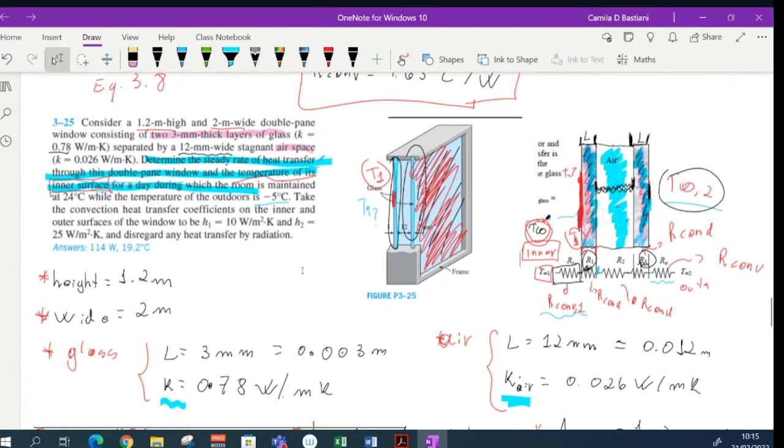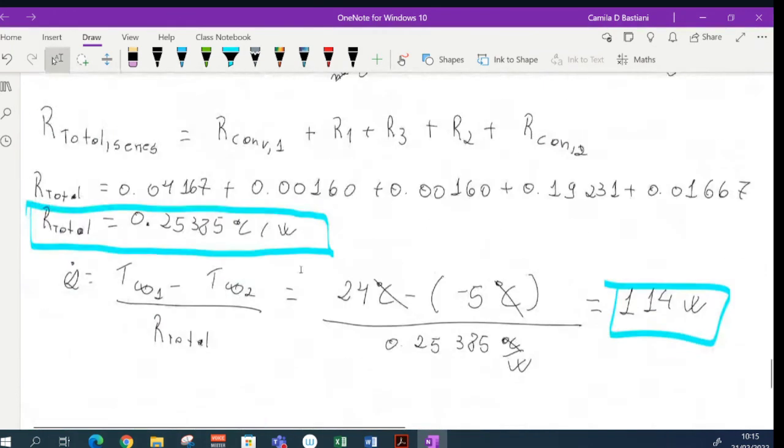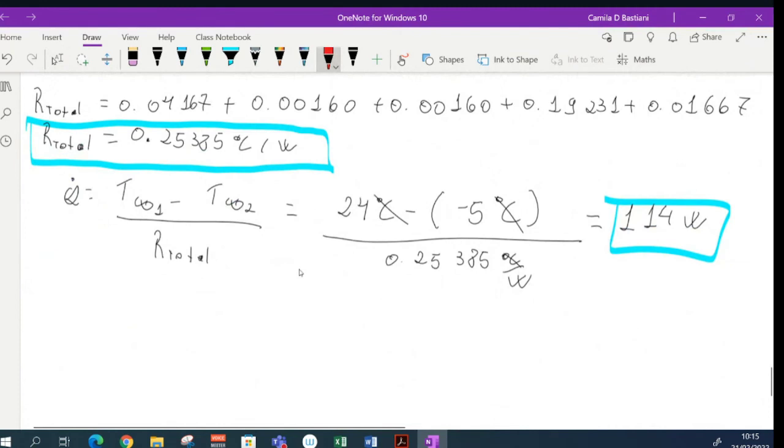So I can use the same idea, but for a convection case. So my steady rate of heat transfer, if I have convection, is equal to my temperature of the air minus my temperature of my surface divided by my convection resistance between them.